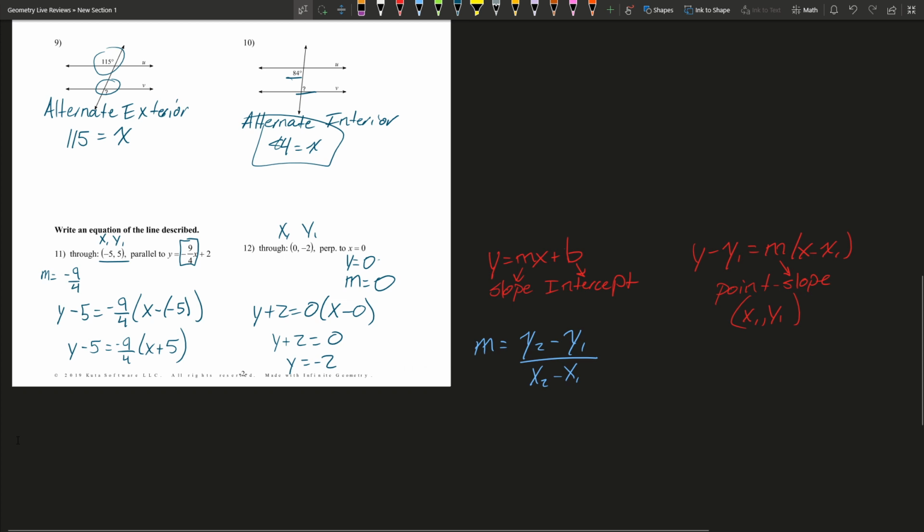Y is equal to 0 because we're talking about the line perpendicular to x equals 0. So if we just draw that, x equals 0 would be a vertical line through x equals 0.